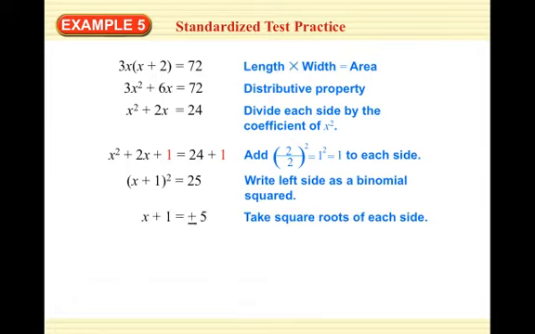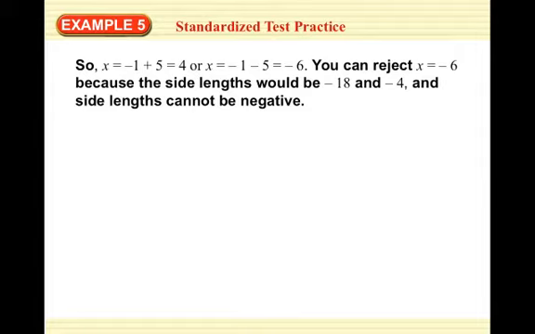So we're going to get x plus 1 equals plus or minus 5 because the square root of 25 is 5. We subtract 1, and so we get x equals negative 1 plus or minus 5. Now, let's look at the two values that comes out to be. x equals negative 1 plus 5 equals 4, or x equals negative 1 minus 5 equals negative 6.